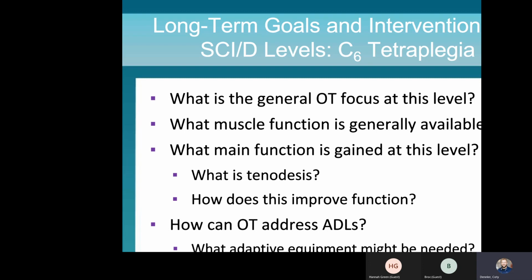Now also at the C6, the client should be able to roll in the bed. They should be able to move their arms across midline with a little bit of force. A lot of times what they'll do is swing their body around and that'll swing their arm. Just watch the videos.